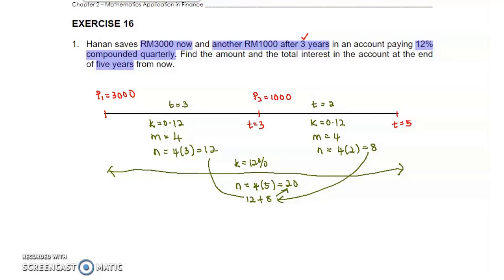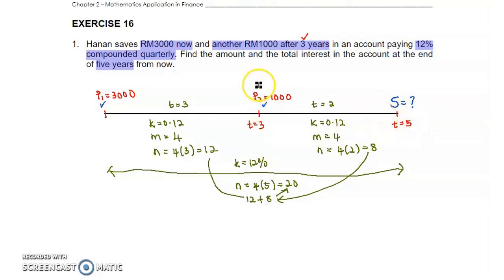Okay, find the amount at the end of 5 years. Now we have two principles, P1 and P2. Okay, how to calculate amount at the end of 5 years here? Value S. Okay, now look at P1. Since we have one rate only, you can calculate directly. If you keep 3,000 for 5 years, so what is the accumulated amount at the end of 5 years?